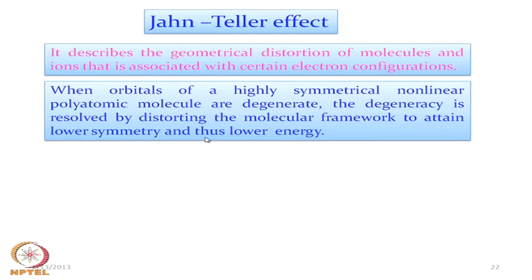So, we will have the distortion due to this electronic configuration, and the symmetry of the system will be changed, such as the corresponding elongated situation from the octahedral geometry, and as a result the corresponding energy term will also be lowered due to that particular splitting.